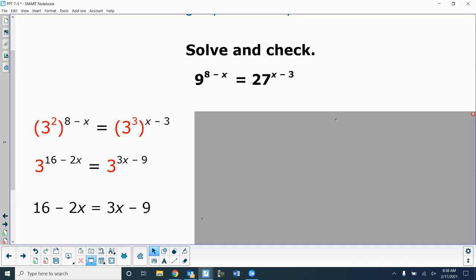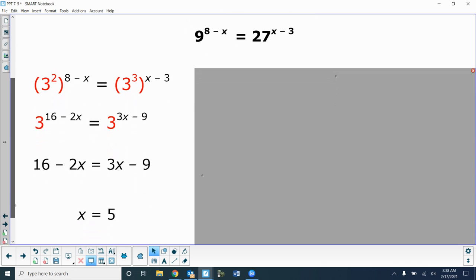Then you just solve for x. Okay? So, if you can write the two bases with the same base, this is the way you can do it. All right? And then you finish it up.